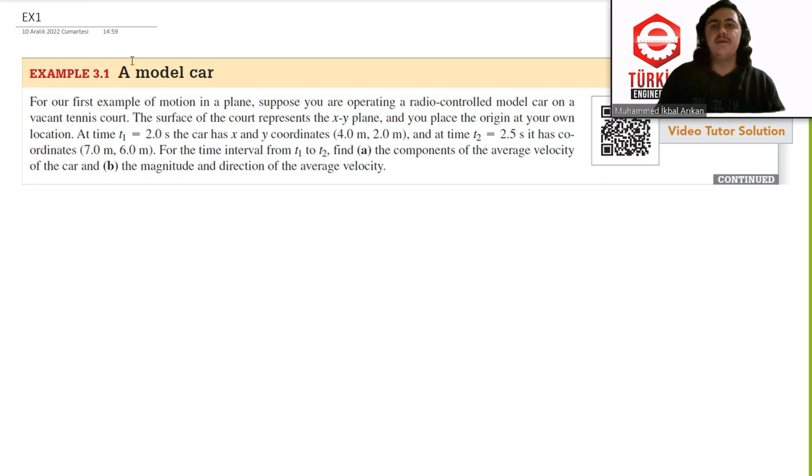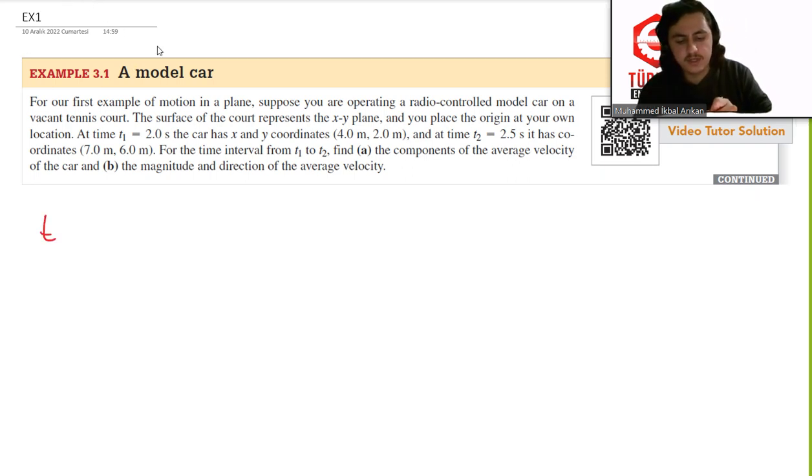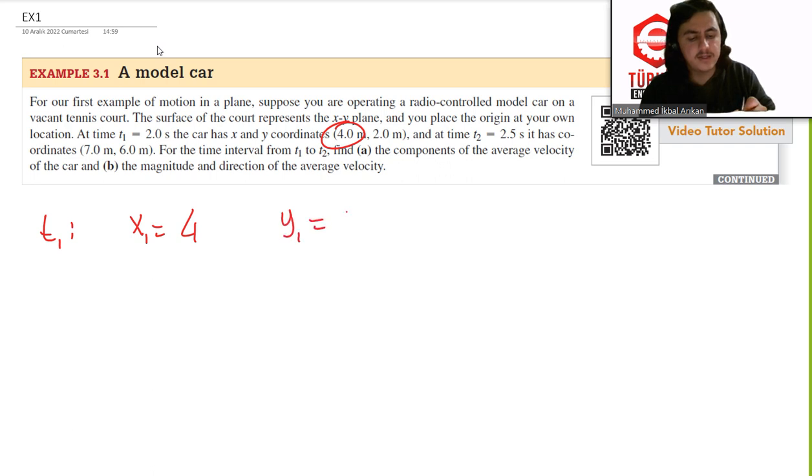So I will put my basic knowledge. So I will put t1, okay, at t1, my locations: x1 is, as you see, 4 meters. And what about y1? y1 is 2 meters. What about t2?